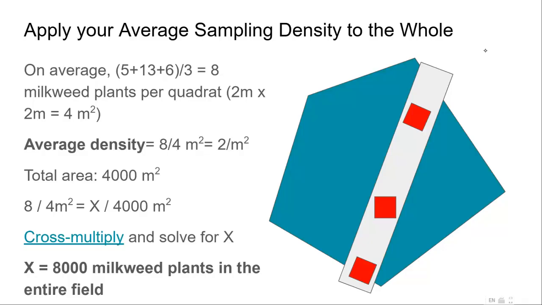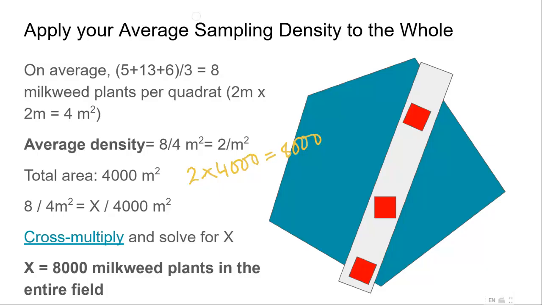What I mean is this: if you know that your total area is 4,000 square meters, and you know that there are 2 milkweed plants per square meter, all you have to do to get the number of milkweed plants in the total area is multiply 2 times that many square meters. So 2 times 4,000 will give you 8,000 milkweed plants.